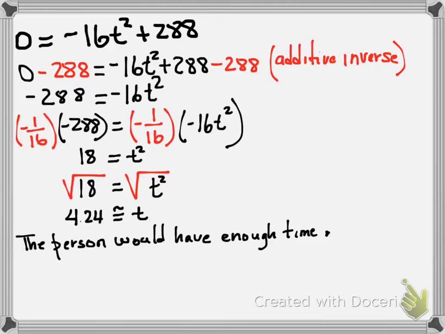Because if we have 4.24, 4 seconds, 0.24, now at 1100 feet per minute, that's more than enough time for the person to hear and get out of the way. All right?